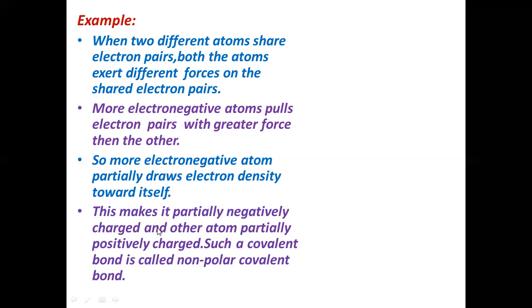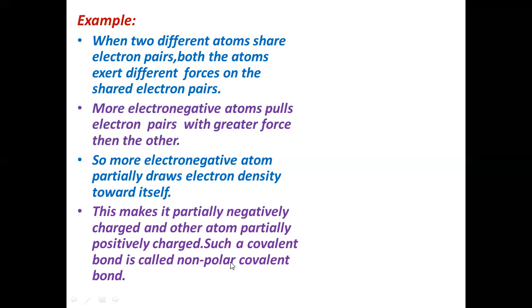That's why it will not get a complete negative charge, but only a partial negative charge, and the other atom will get a partial positive charge, as it will be electron deficient, not completely, but the electrons will go far away from this atom. So that atom will get a partial positive charge.